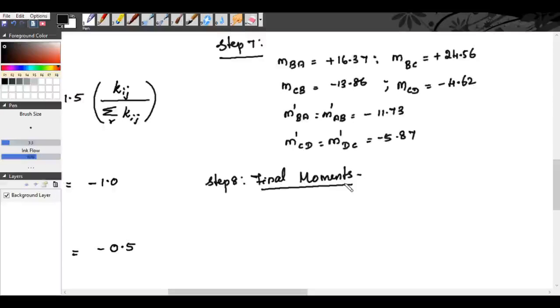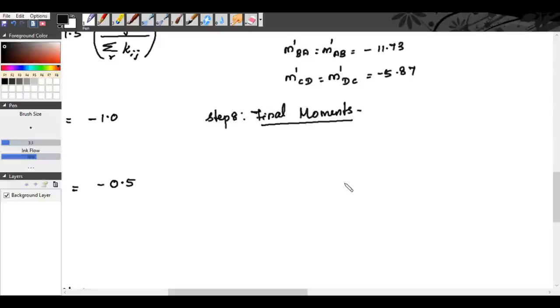So, final moments. We know Kani's iteration cycle is an extension of the slope deflection equation.